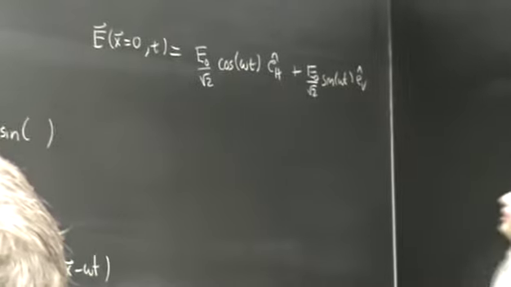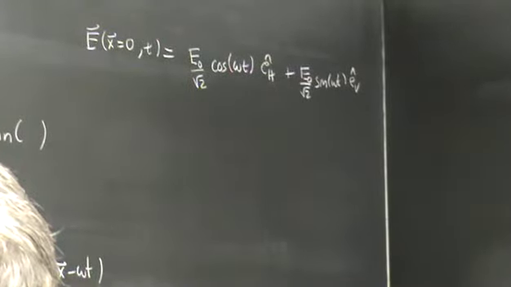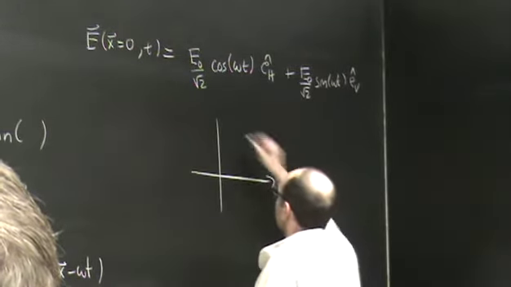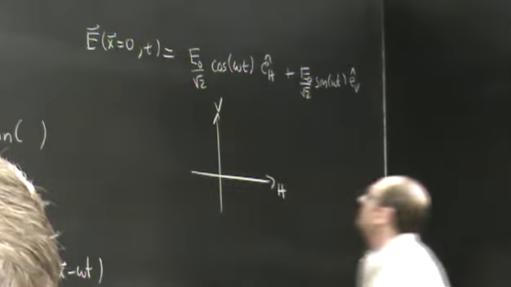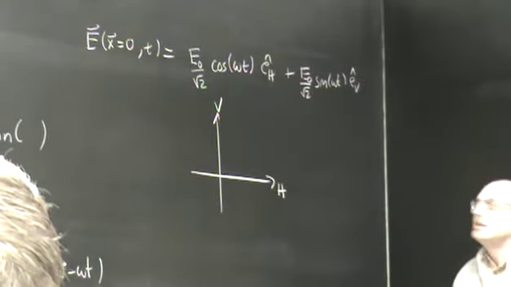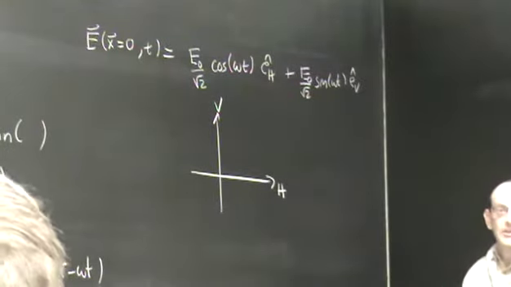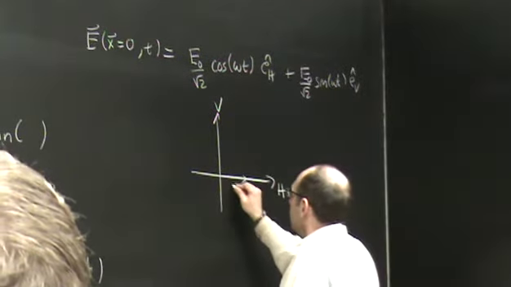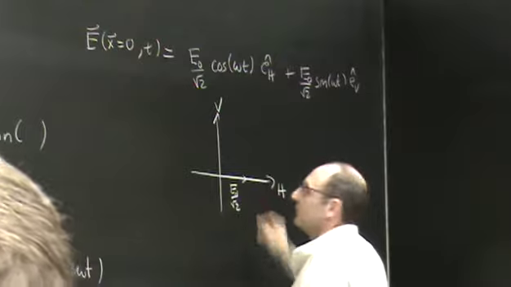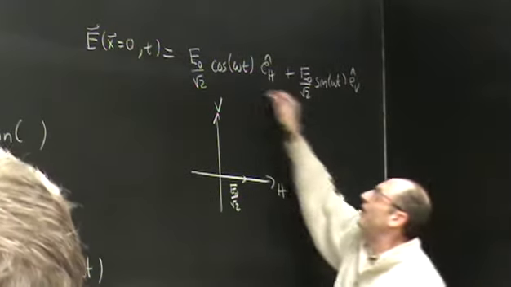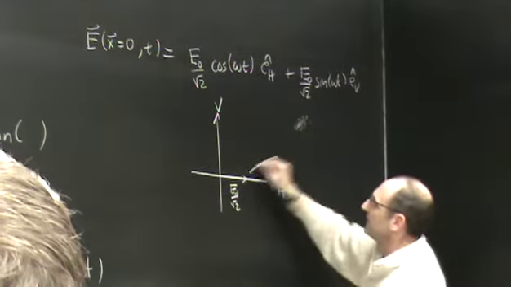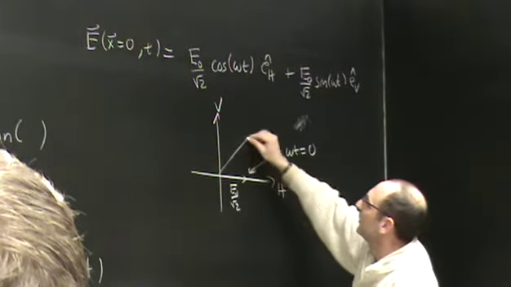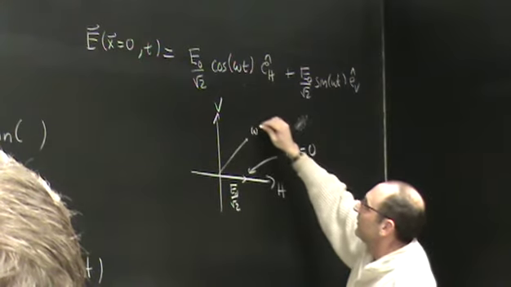So what is this vector doing in the plane, horizontal, vertical, as a function of time? It's rotating, right? At time t equals 0, it's over here, E0 over root 2. That's when omega t equals 0. What happens when omega t is equal to pi over 4?